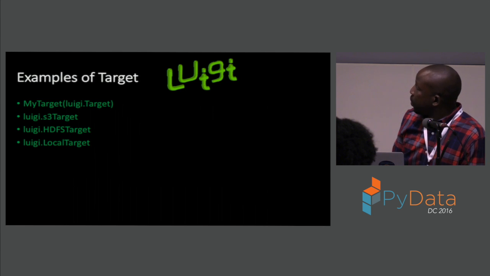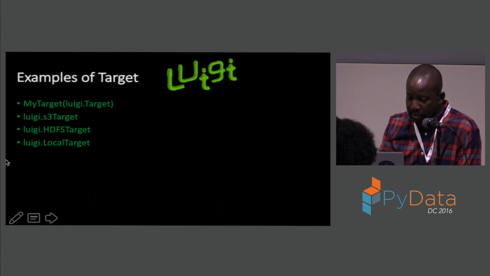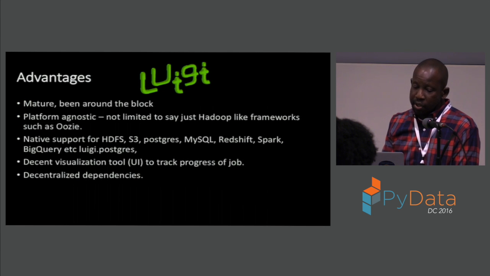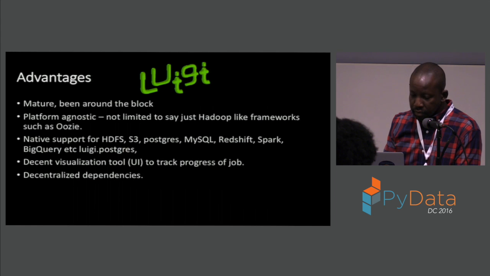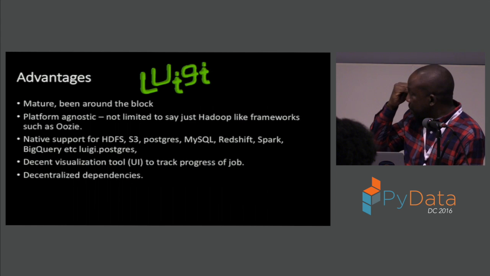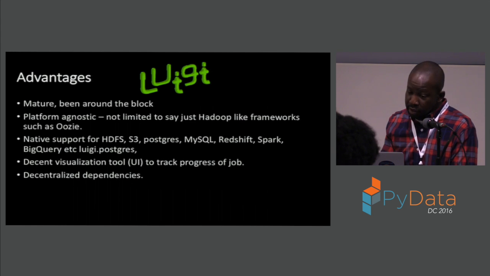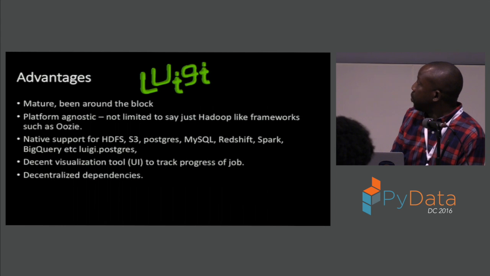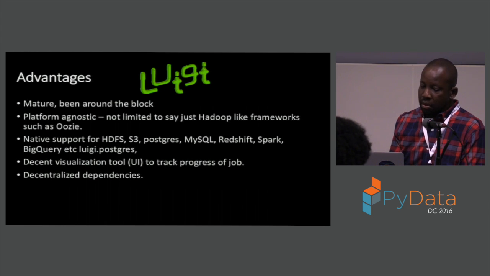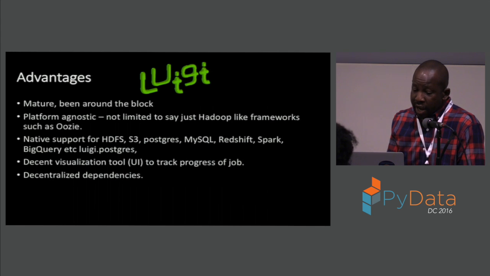So I'll talk a little bit about the advantages of Luigi. It's mature. It's been around the block for quite a while now. It's platform agnostic. So we're not limited to, let's say, Oozie, which is really focused on something like Hadoop. It has a lot of native support for HDFS, S3, Postgres, MySQL.